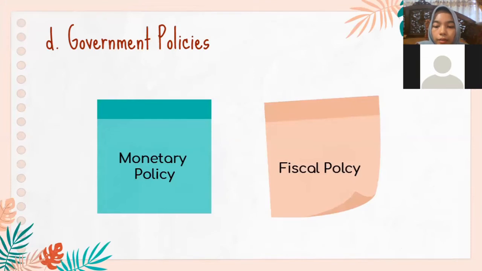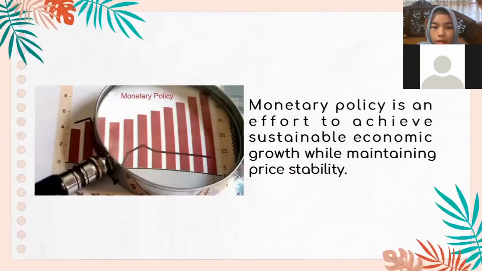And the last one is government policies. There are two kinds of government policies: first, monetary policy, and second, fiscal policy. Monetary policy is an effort to achieve sustainable economic growth while maintaining price stability.